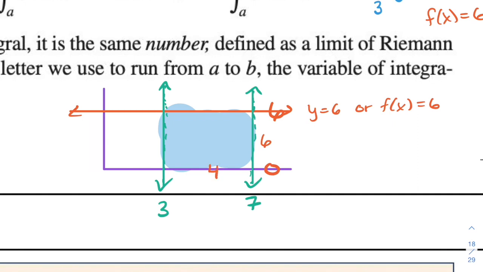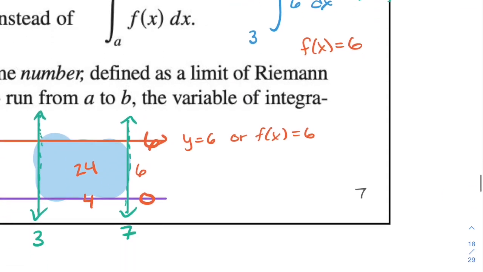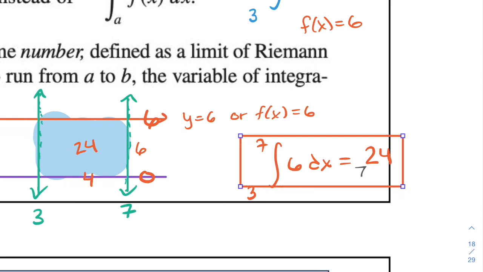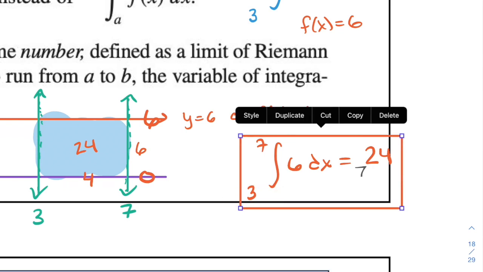So you just did your first integral. 6 times 4 is 24. So the integral from 3 to 7 of 6 dx equals 24. And we're done. You just did your first integral.